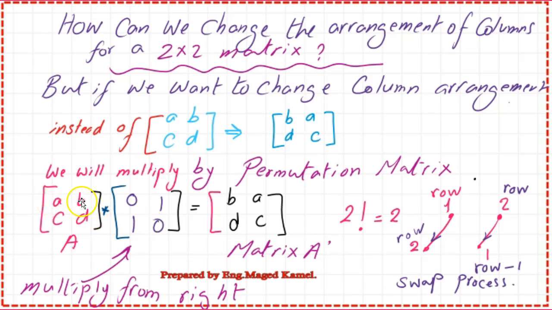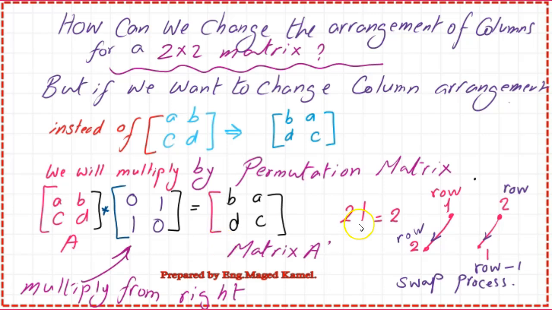When we multiply A, B by 0, 1, we have B here, and we have A here, and we have D as A 2 1, and we have C by 1 plus D by 0, we get C as A 2 2.